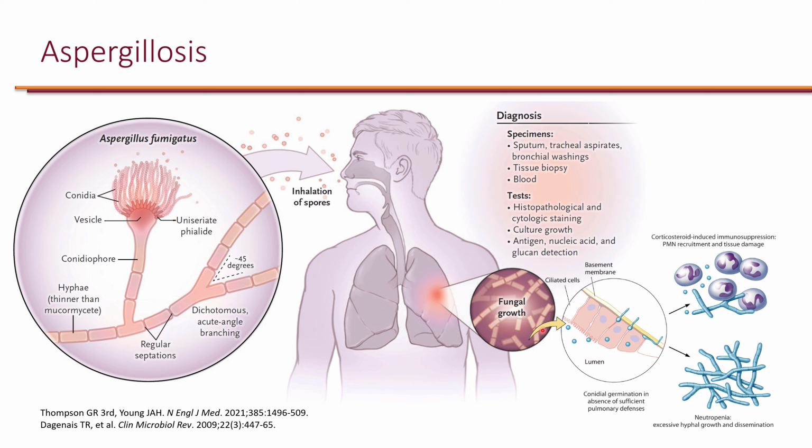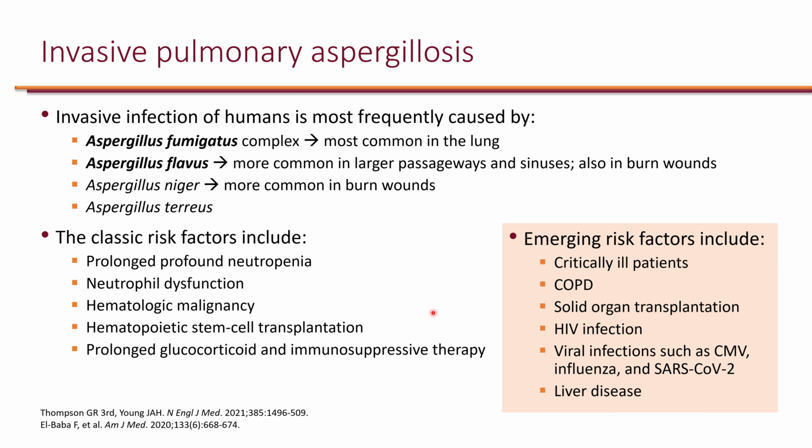So one thing that you will see is hemoptysis might be one of the symptoms of pulmonary aspergillosis. So essentially blood coming out of the lung.